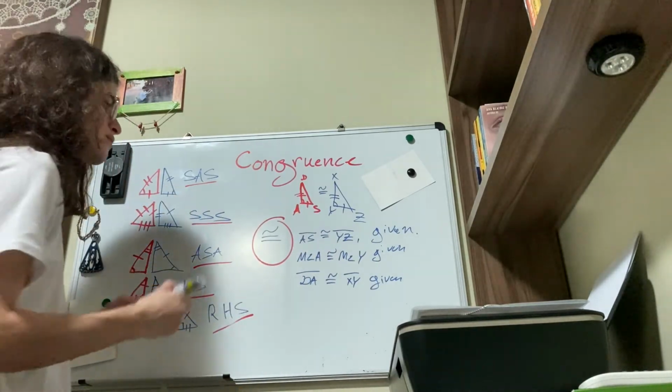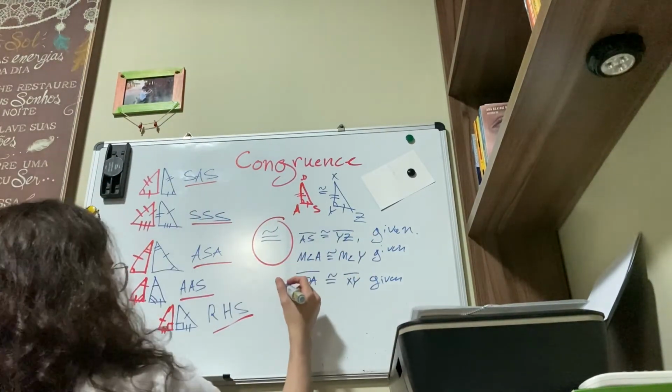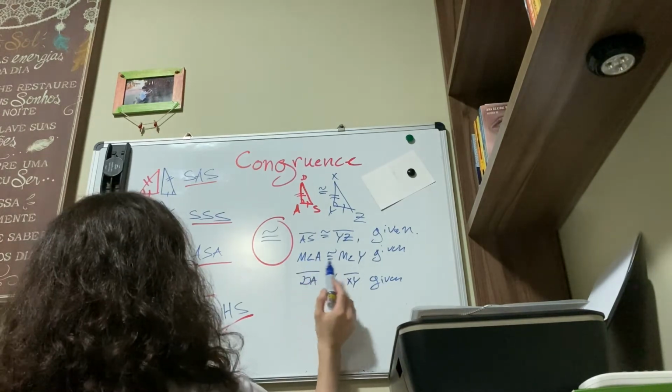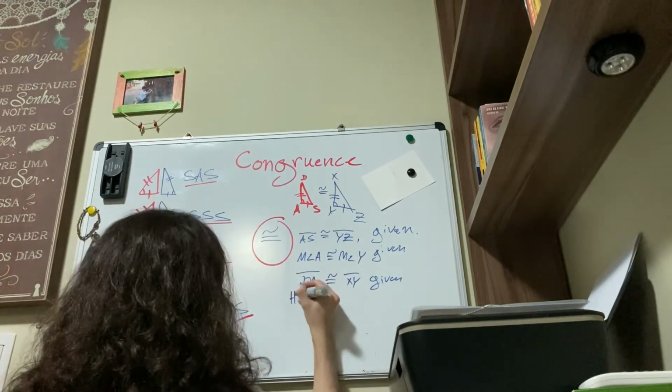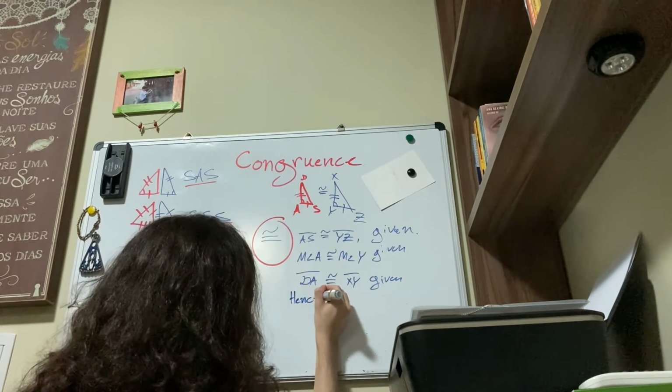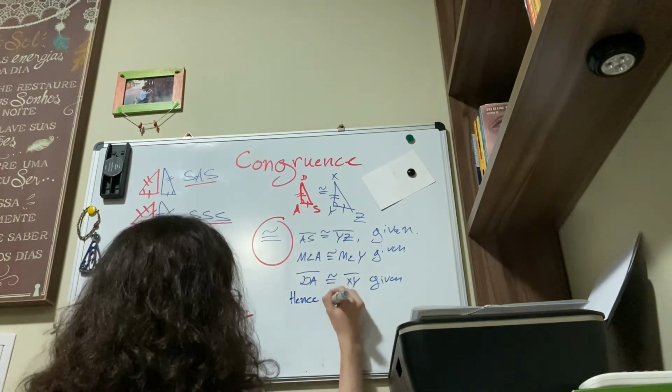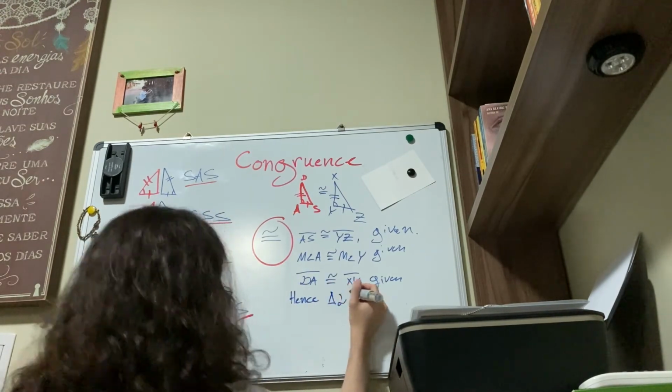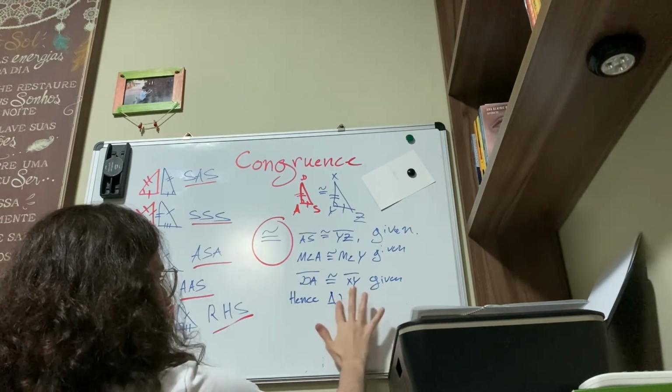Anyways, so here you give all the reasons, so side, angle, side, and then you say hence, triangle, hang on.